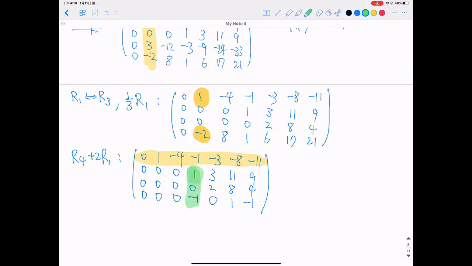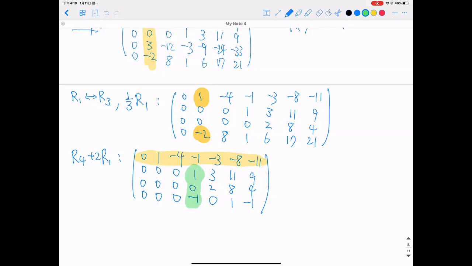That's already worked out. That's right here. So the next thing to do is to eliminate, or turn, the entries below this one into 0. Now this guy is already 0, so it's just this -1 that we need to take care of.